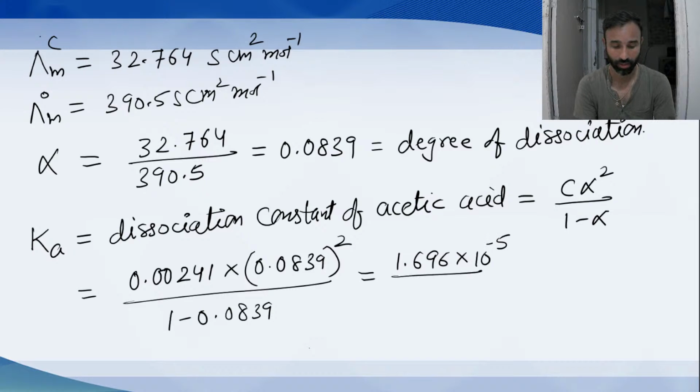Divided by 1 minus 0.0839, which is 0.9161.